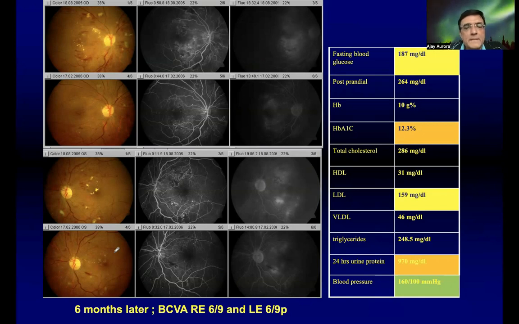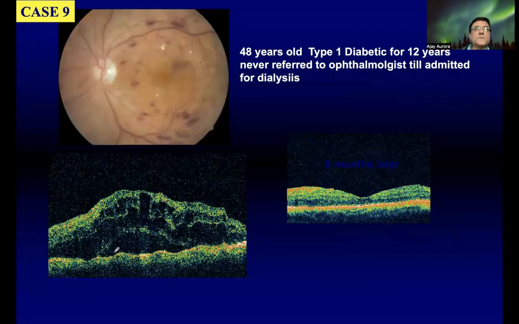Whether you're going to operate that patient or you're going to treat them with an anti-VEGF, the metabolic control is very, very important. This particular patient presented to me first in a multi-specialty hospital while I was at Max. So this is a 48-year-old type 1 diabetic for 12 years, never referred to an ophthalmologist till admitted for dialysis.